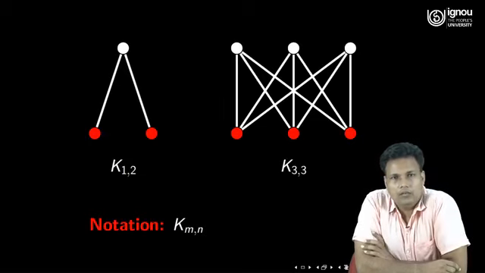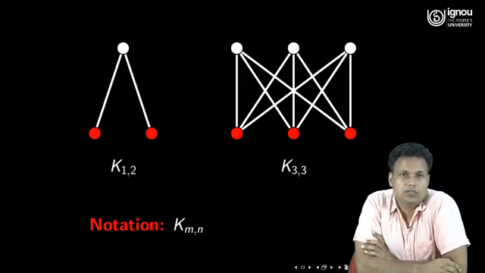And the graph on the right is also complete bipartite. When a complete bipartite graph has m and n vertices in its partite sets, then it is denoted by K_{m,n}. So the graph on the left is K_{1,2} and the graph on the right is K_{3,3}.